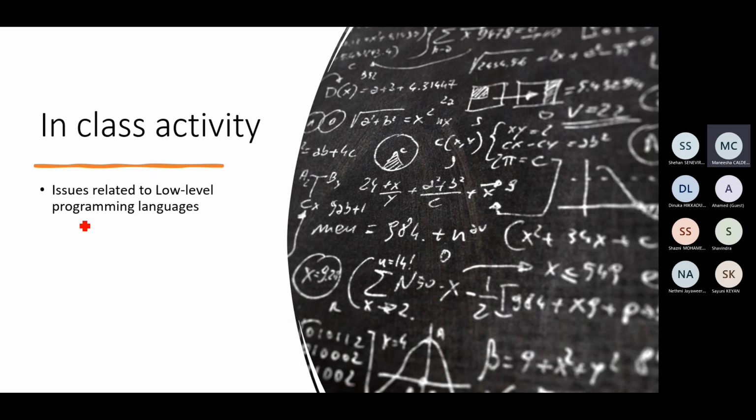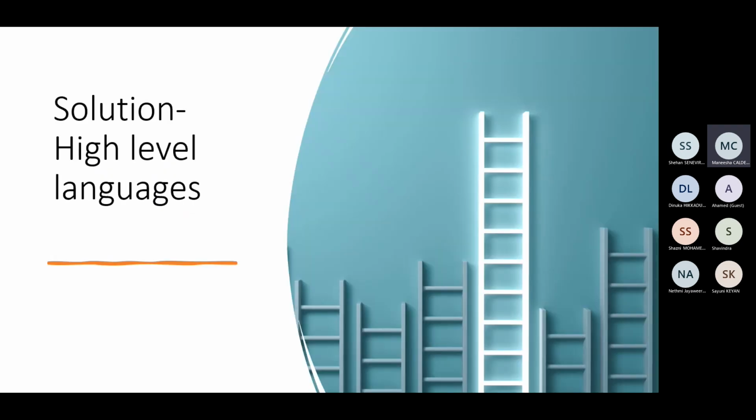So we need to move away from these low-level languages and take it to the next level, which is high-level programming languages. We need to deal with the work in an easier manner and let the computer do the heavy work. So to perform this, we have to use high-level languages. That's the major consideration in this context.